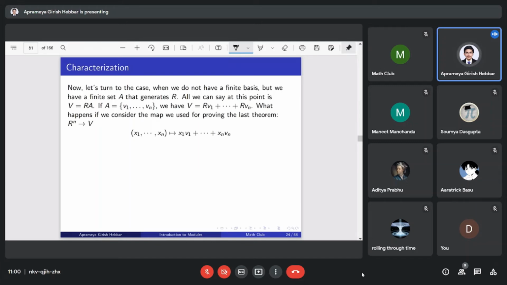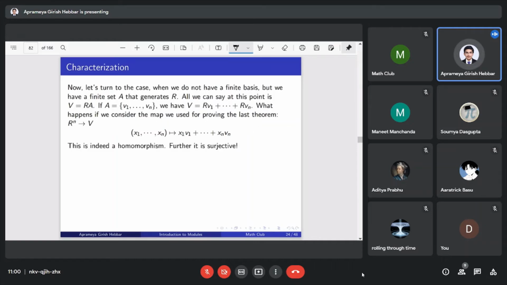So what happens if we consider the map we used in proving the last theorem? The map was phi, which takes the n-tuple (x1, ..., xn) to x1 v1 plus up to xn vn. In particular, it takes ei to vi. I told you at the end of the last proof that we use linear independence only to prove its injectivity.